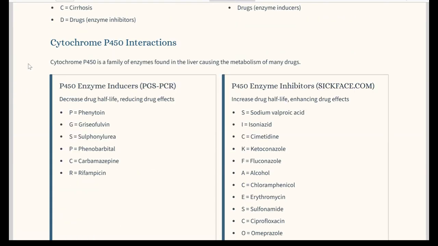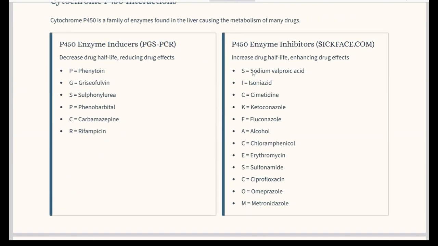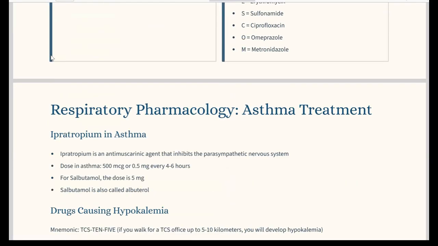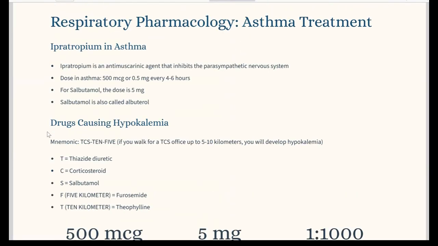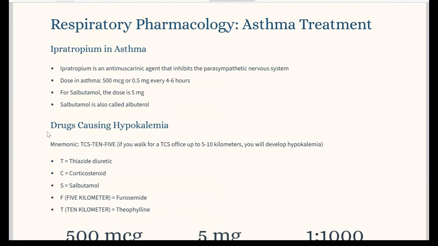These are your cytochrome P450 drugs. Have a look at them before your exam again. On the day of your exam, just quickly read them, because you're not going to remember them just by one read. What else is here? Respiratory pharmacology, asthma treatment. Again, we've already gone through this.